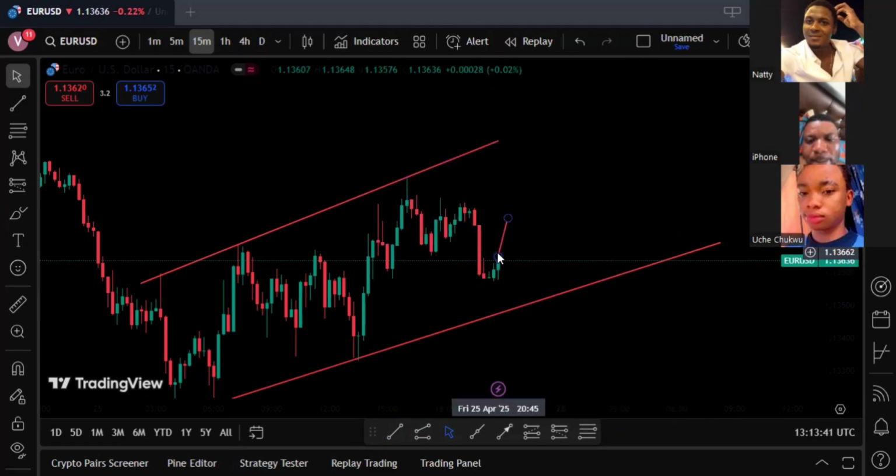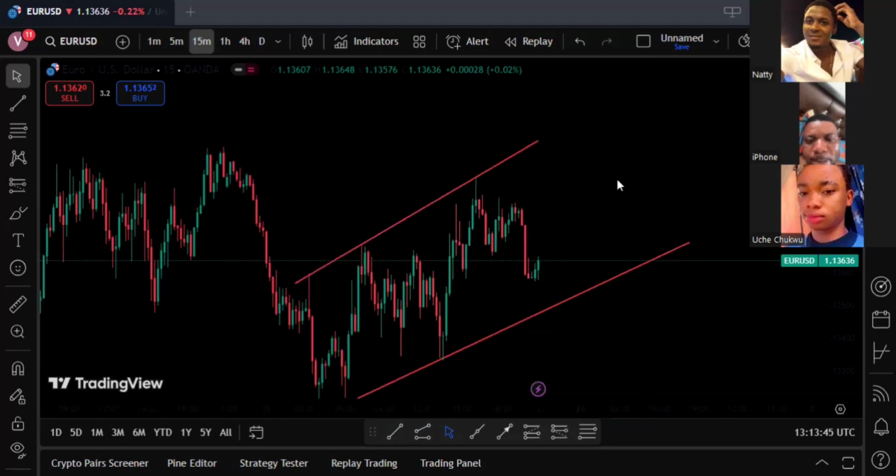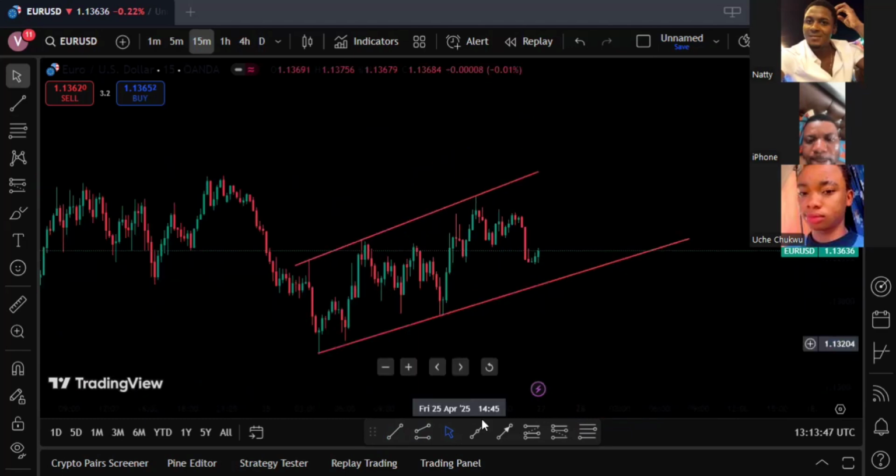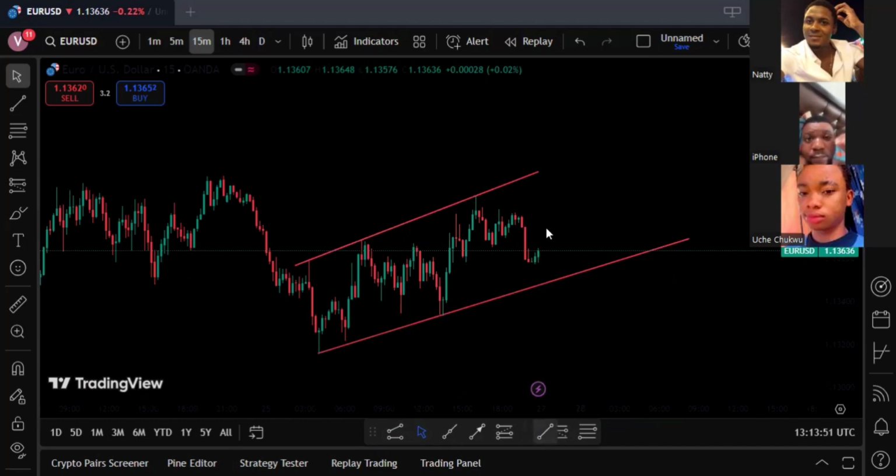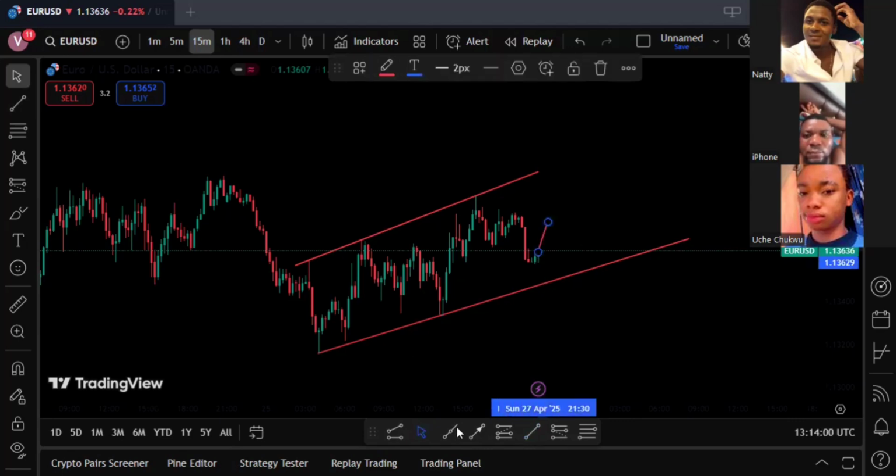Now, another major way to trade this is waiting for a breakout. Let's assume this market goes up to this point. We take ourselves from there.